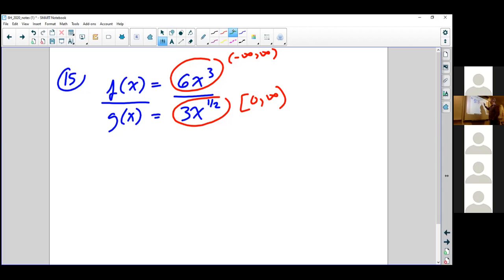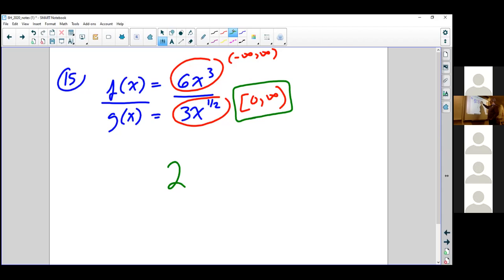Now, with me knowing this, my domain has to be at least that, if not more or less inclusive of numbers. Now I'm going to explain that in a sec. So those are the domains of my originals if I didn't have it as a fraction. Now I have it as a fraction, so I have 6 over 3, which is 2. And I'm going to realize I have this down here.